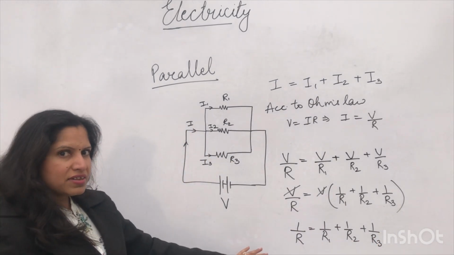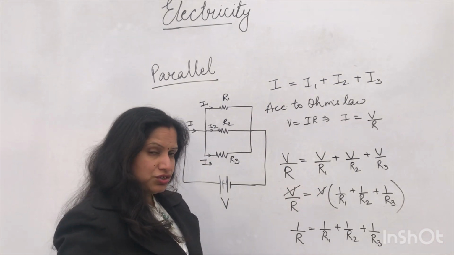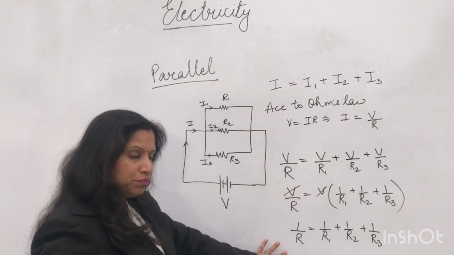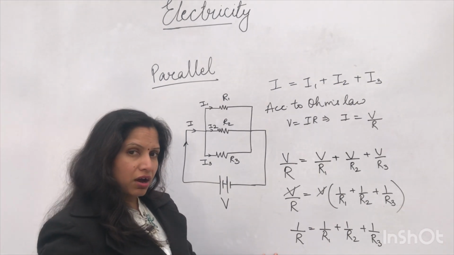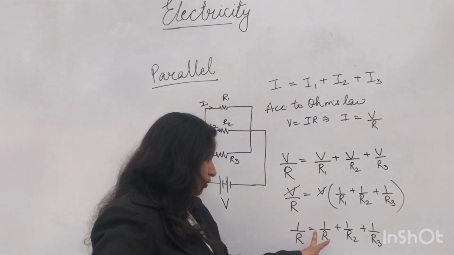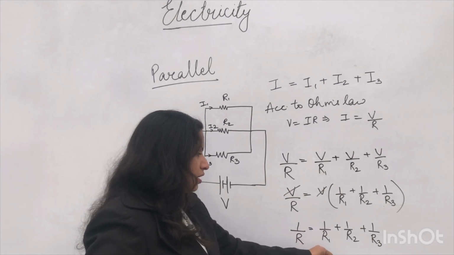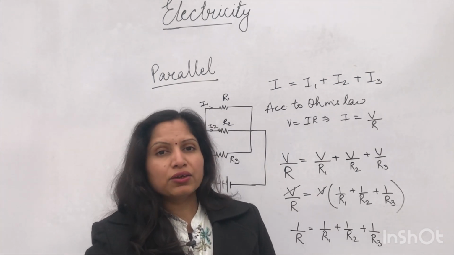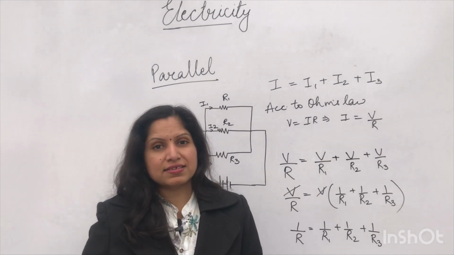So, the total resistance in parallel combination we can find out by using this formula: 1 upon R, that is the total resistance in parallel combination, is equal to 1 upon R1 plus 1 upon R2 plus 1 upon R3. That is for a parallel combination of resistances.